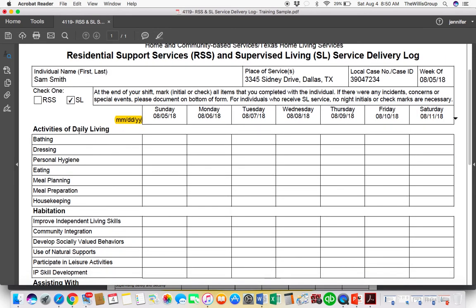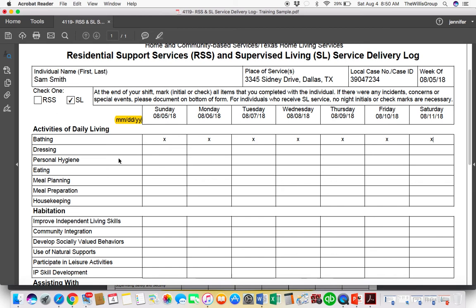The next boxes indicate what things that you do with that individual. If that individual needs assistance with bathing for the week, you're going to simply just check off. I'm putting X's, but if you're doing this on a hard copy that is not on a computer, you're going to simply do check marks.